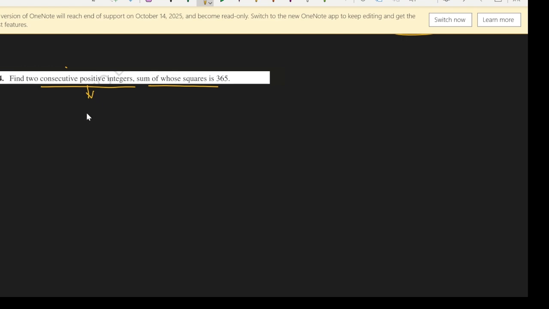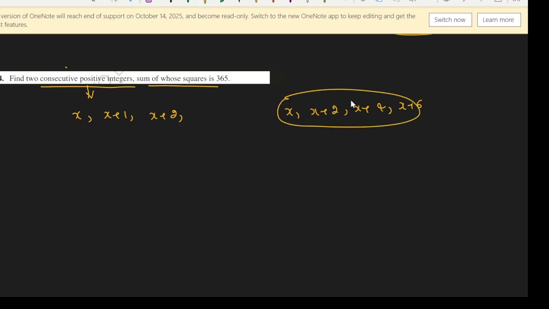Again, consecutive positive integers means, see, directly don't take x comma x plus 2 here. They have not mentioned whether it is even or odd. So if they have not mentioned even or odd, this is the series. There is no gap. If it is even, then x comma x plus 2, x comma x plus 4, like that, or else odd. For both even and odd you can use this, but now we can skip that. Only consecutive positive integers.